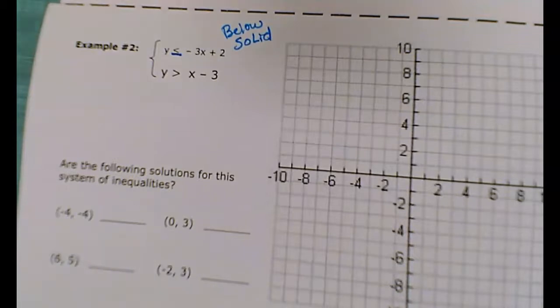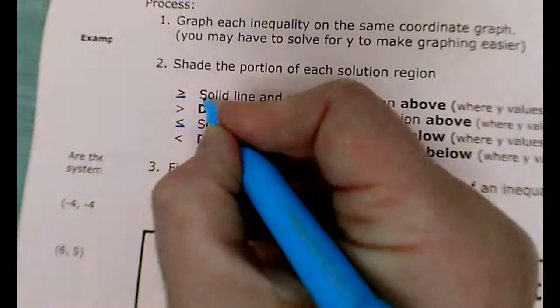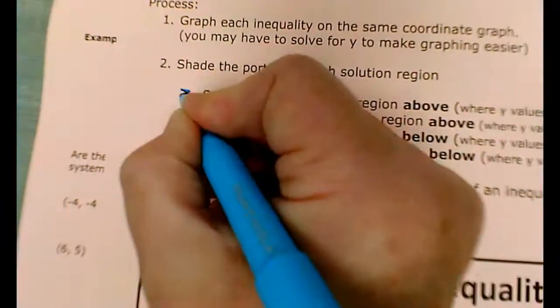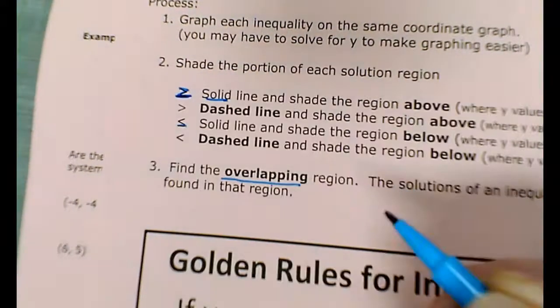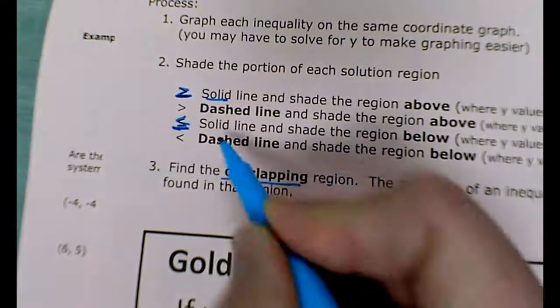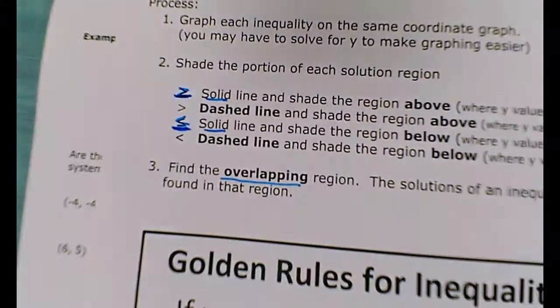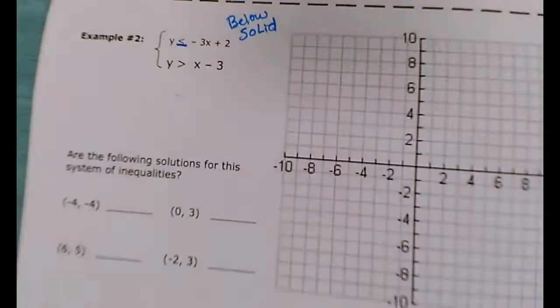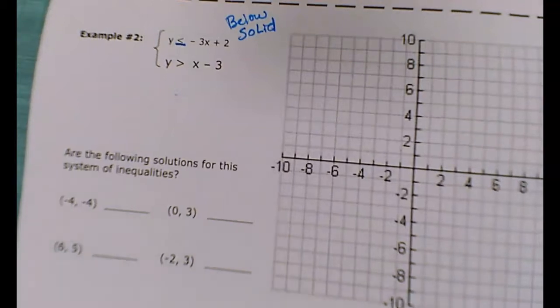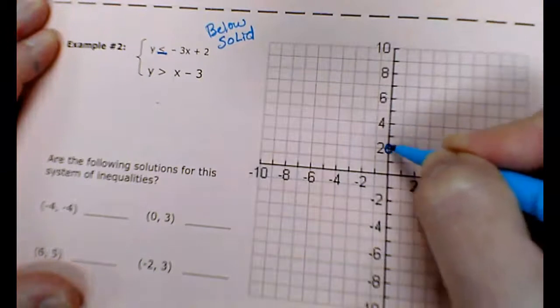Back to our beginning page, it is a solid line if it has the or equal to. Whether it's less than or greater than, it is a solid line when it has the or equal to part. So, we are going to start at positive 2.